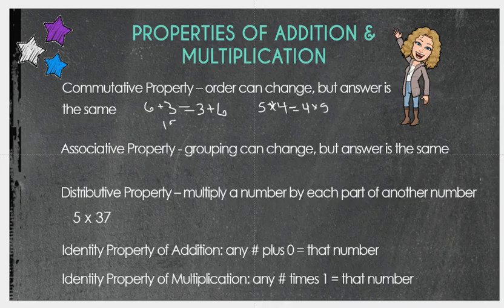You can say 15 plus 4 plus 5 is the same as 5 plus 15, I'm changing the order, plus 4. If you rearrange the order like that, it might be making your addition a little bit easier. 15 and 5 might be easier to add together first, and then you add on the 4. The order can change, but the answer is the same.